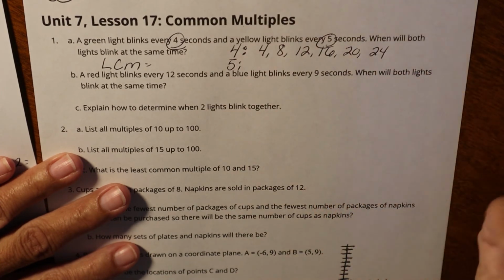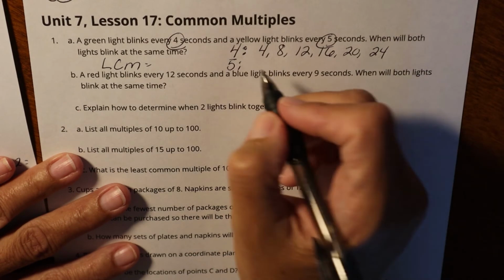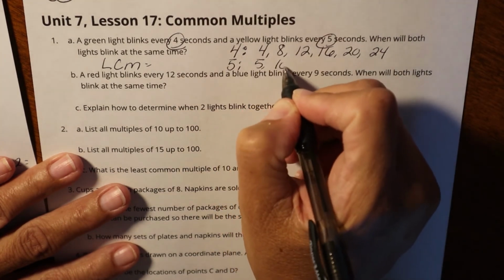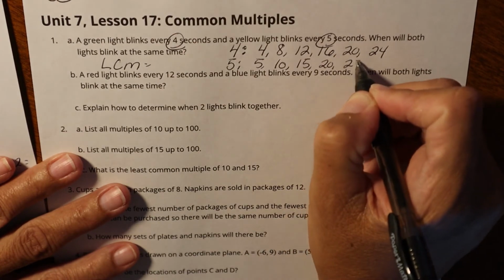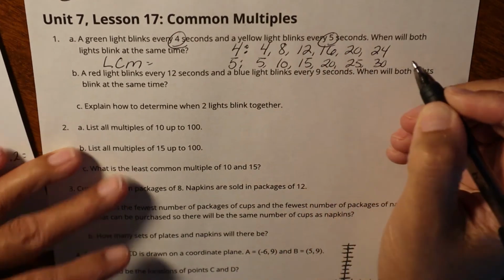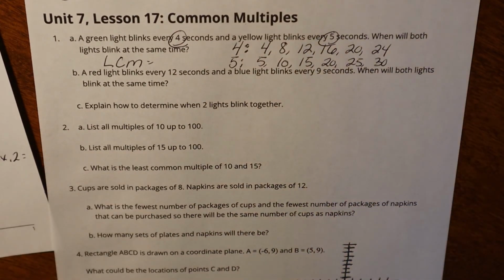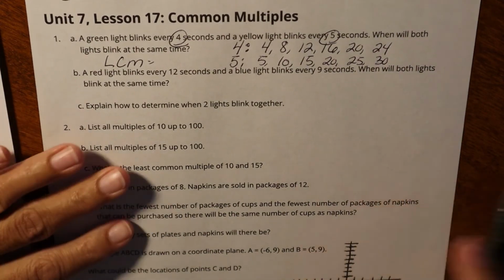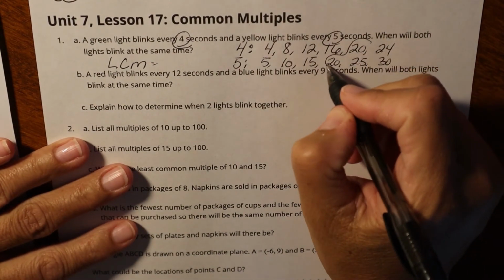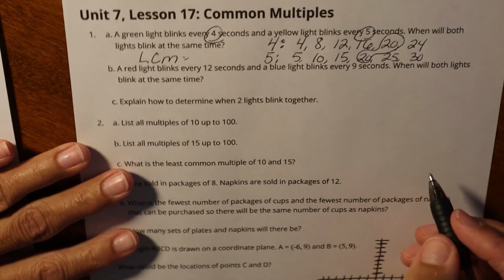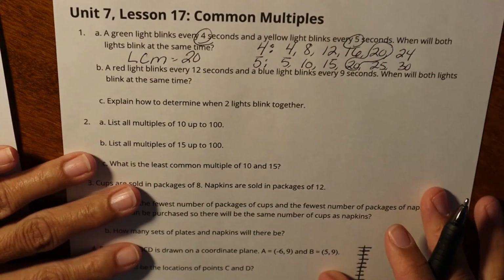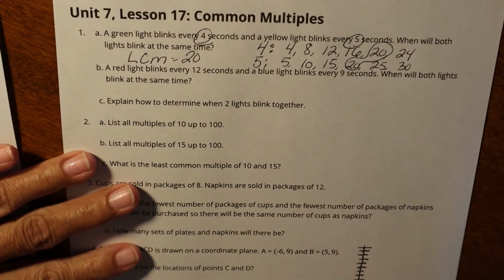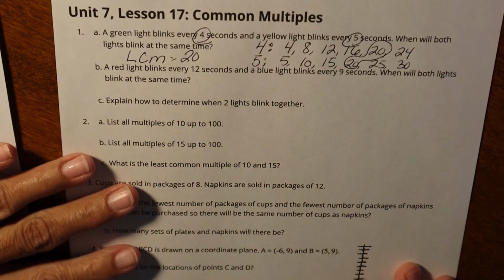And stop there and see if we get lucky. 5s are very easy. You've got 5, 10, 15, 20, 25, and 30, and then we stop to see if we have a common multiple. And I noticed that we do in fact have a common multiple, which is 20. That means at the 20th second, they're both going to be blinking at the same time.